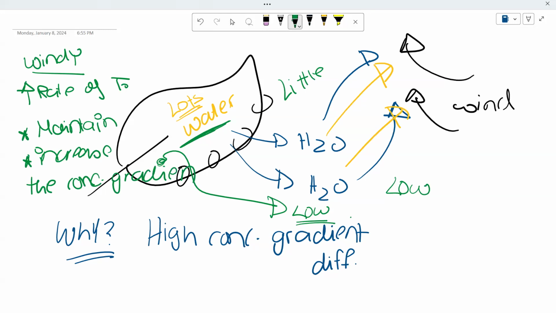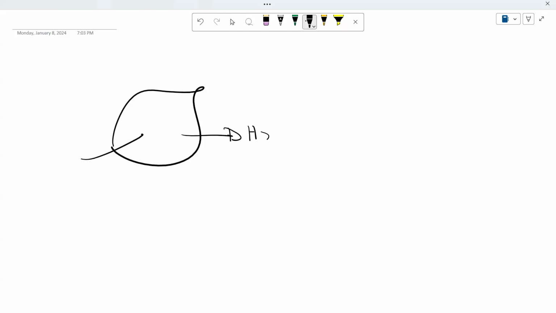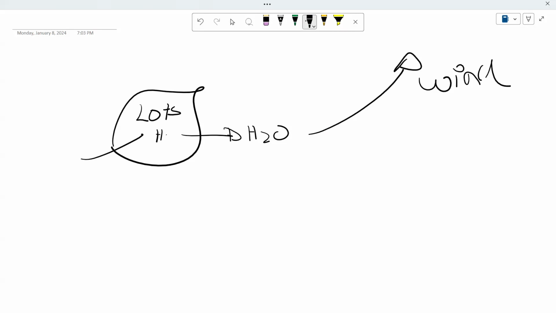If this sentence is confusing you, you can simply say that if you have a windy day, any water that evaporates will be carried away by the wind. So the situation will always remain the same. I will always have lots of water inside the leaf and very little water outside the leaf.